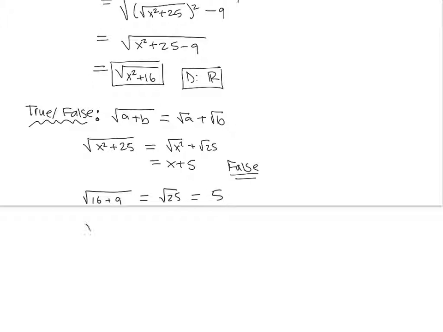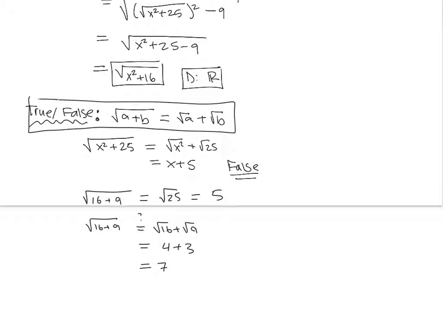And if you conjecture, well, maybe this equals root 16 plus root 9, which would equal 4 plus 3, which is 7. And since it doesn't, the conjecturing step of saying, oh, maybe that's what that was, is not true. So that is definitely false.